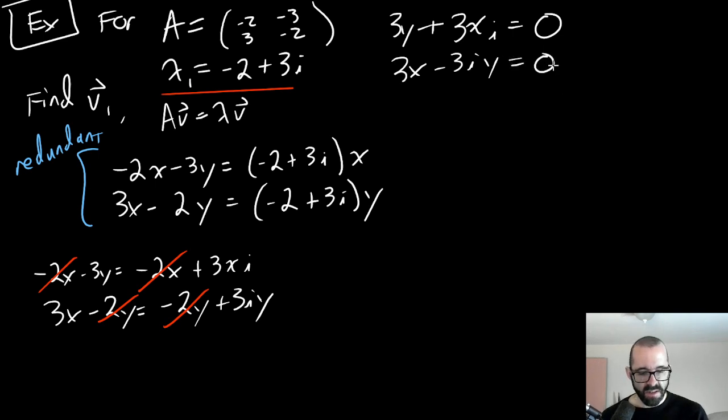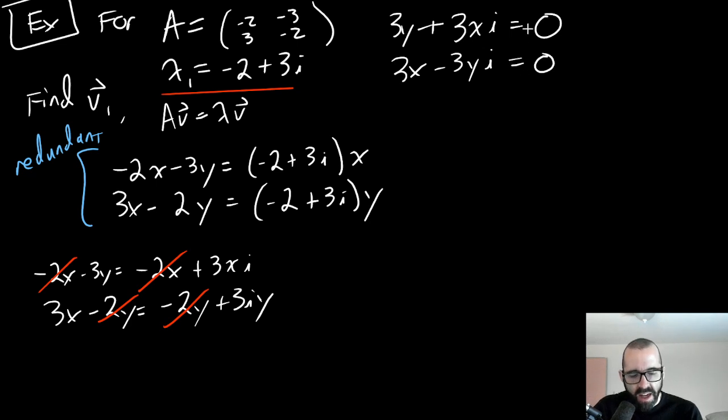Now, I need to be consistent. Let's write the i's first. It's been a while since I've done much with complex numbers. Actually, no, let's write the i second. We'll standardize that in a future video, but it doesn't really matter.